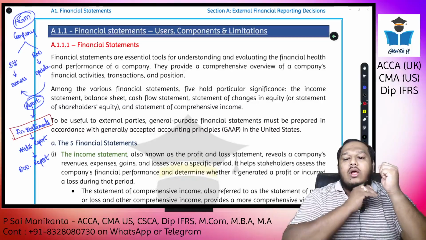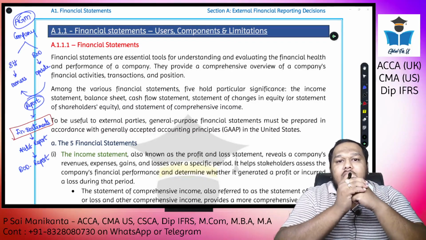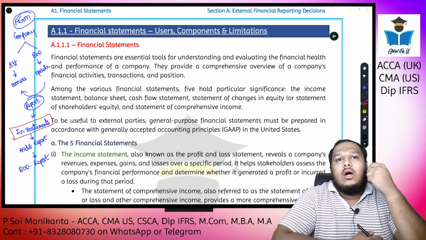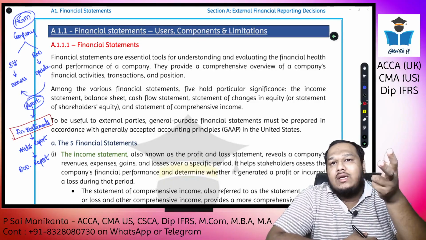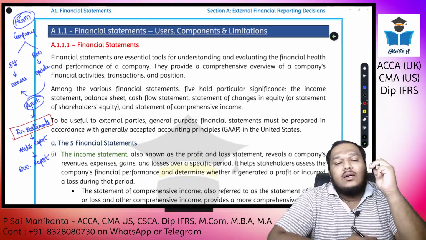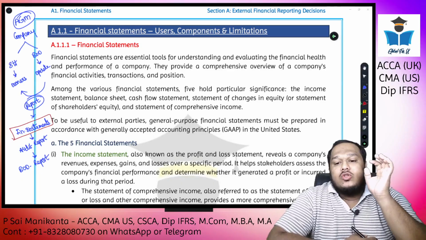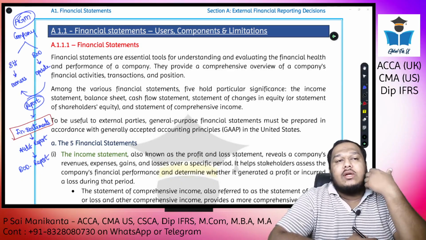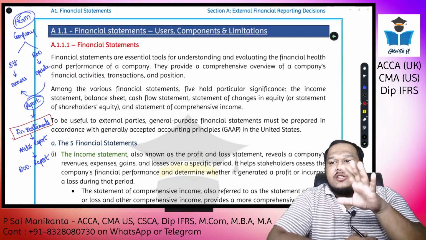So now you have invested your money in, let's say, Alphabet, which is Google, Meta, which is Facebook, and Amazon, for example. Now these 3 companies are telling you, okay, we made this much profit, this is our financial position, and so on.